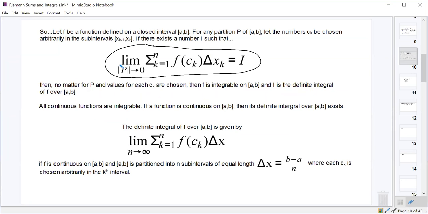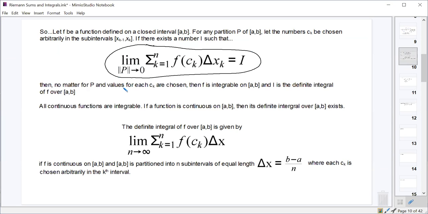So if we take the limit of the sum of all of the areas of all of the rectangles within there, that's what we call our integral. So the limit as the norm of the partition approaches 0 of the sum of all of them. And that's how we get around having an infinite number of subintervals. We can't sum them all together unless we do it with a limit.